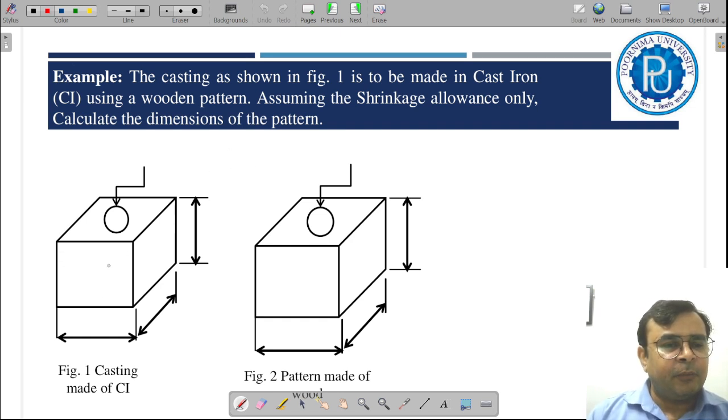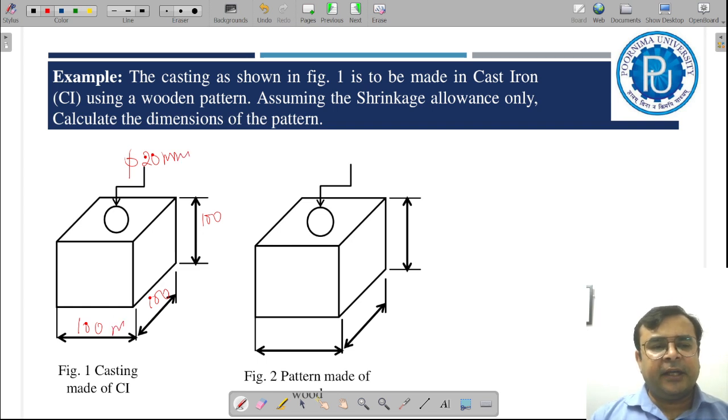So let's suppose this is a casting whose size is 100 millimeter, this is also 100 millimeter, and this is 100 millimeter, and the whole thickness is 20. All dimensions are in millimeter, so I'm not writing it everywhere. So this is our actual product which I need to produce, and for this we need to make a casting.